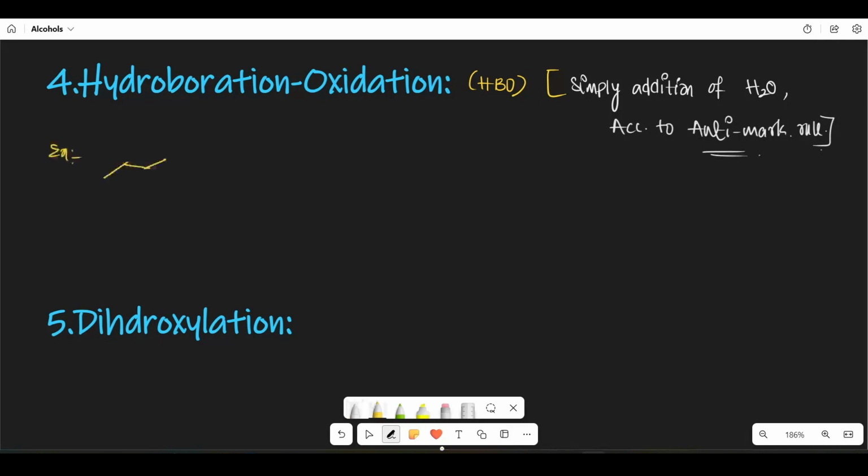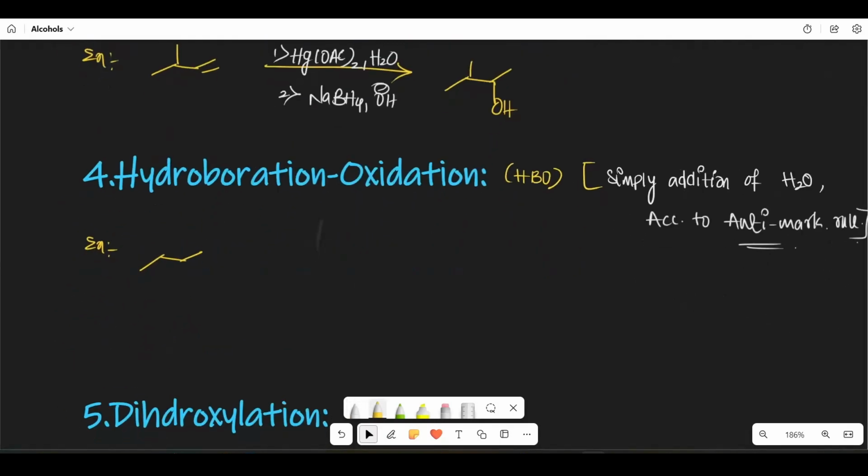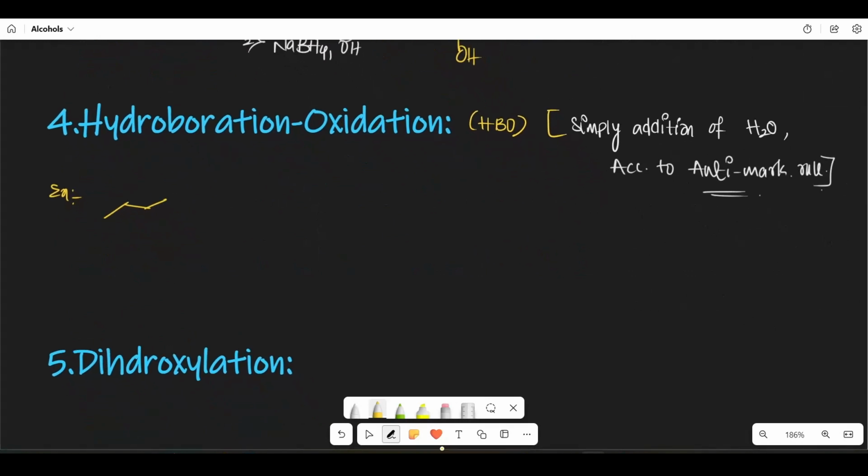So now let's take the same example for this also. The reagent here is BH3, then H2O2 in basic medium.